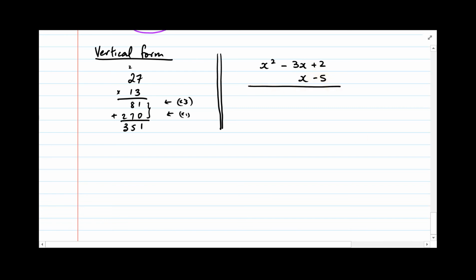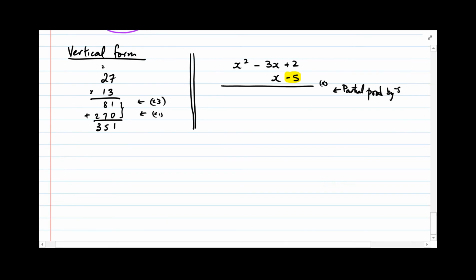So we're multiplying. What I want to do first is multiply throughout, let's say by minus 5. So this is what we call a partial product. Right, so it's a partial product by minus 5.